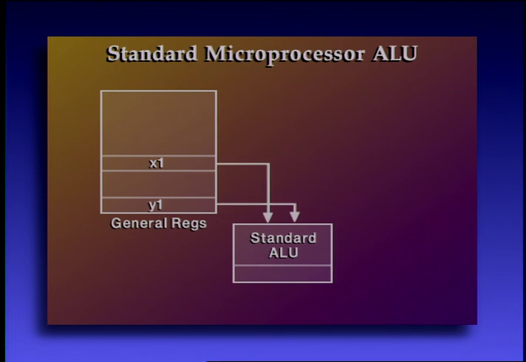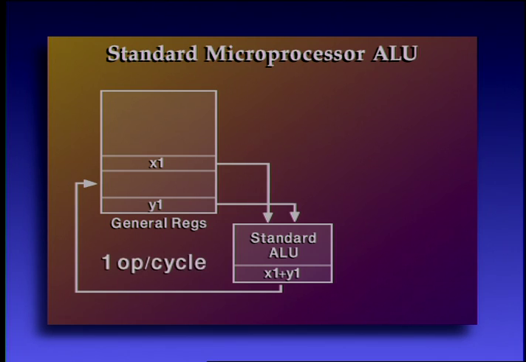An add instruction consists of reading two registers from the general register file, performing some operation in the standard ALU, and writing the result of this operation back into a general register. In a pipeline processor, like most RISC microprocessors, this would take one cycle to perform one such instruction, giving a compute rate of one operation per cycle.